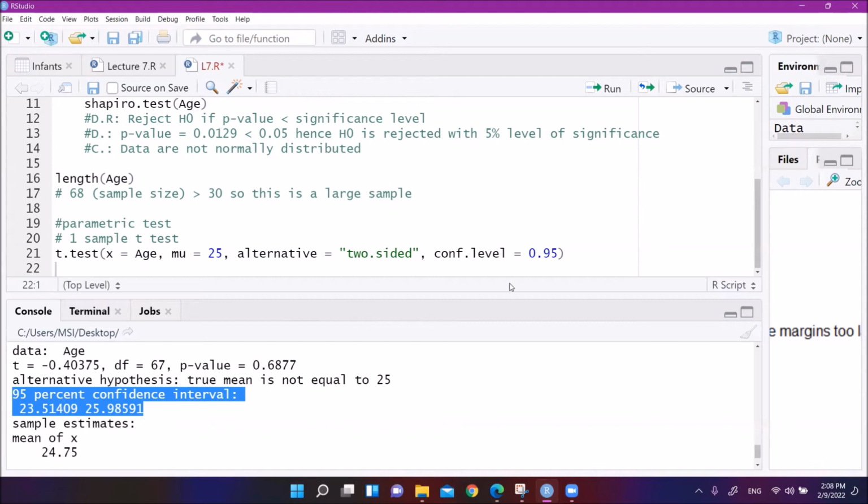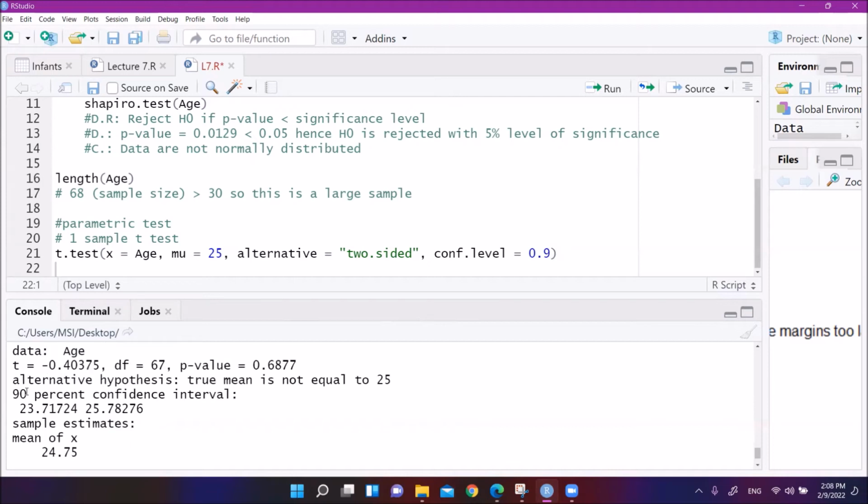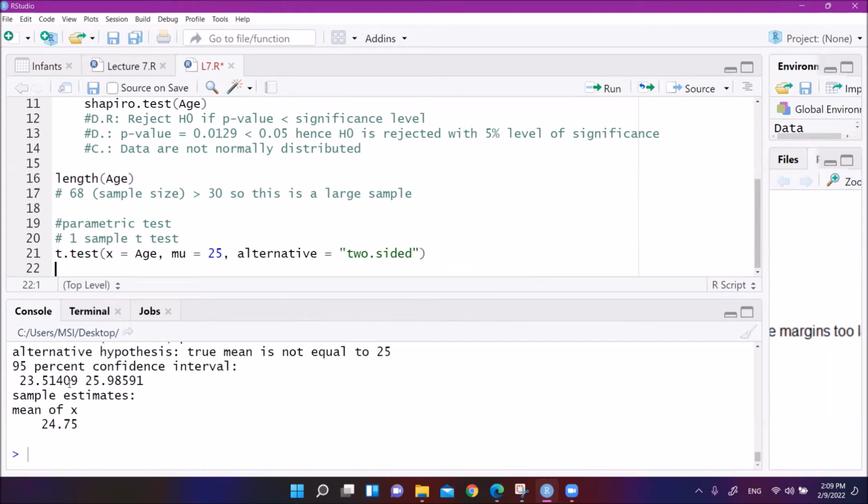Of this test. If I ask you to do it for 90%, it gives the confidence interval for 90%, right? See, if you didn't give anything, by default it gives you the confidence interval for 95%.